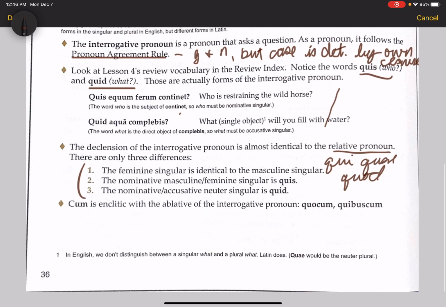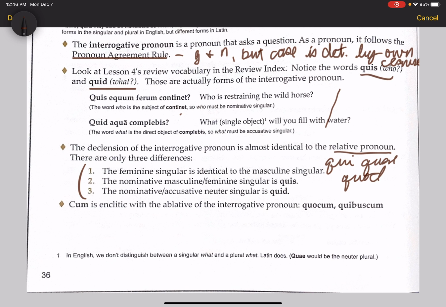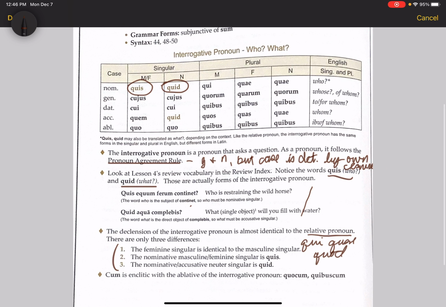The nominative masculine and feminine singular is quis, as we just said, and the nominative and accusative neuter singular is quid. So quid and quid in the nominative and accusative singular, whereas the relative pronoun's nominative and accusative singular was quod. All right.